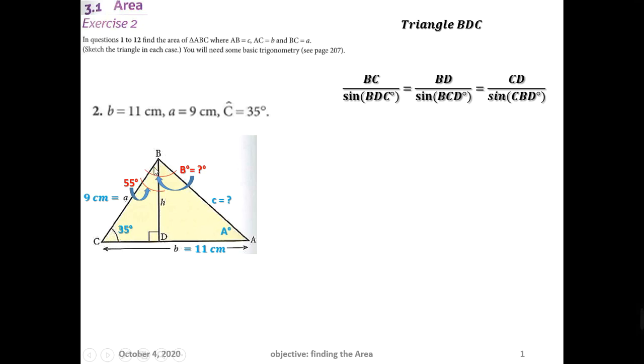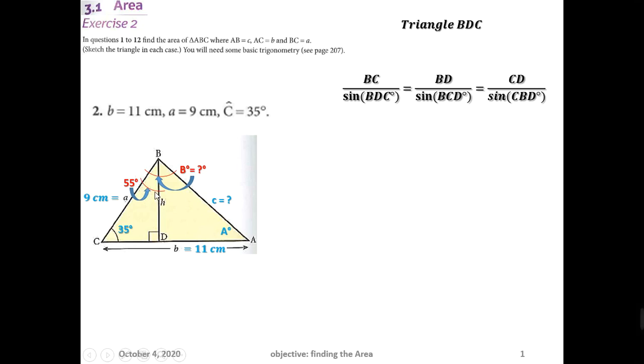How do we name it? So we say sine of BCD or DCB. The third side is CD. So side CD over the opposite angle to it is this angle.